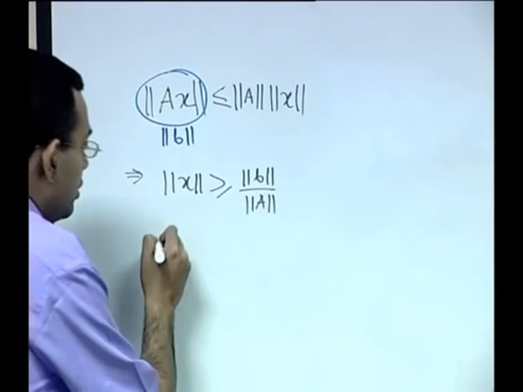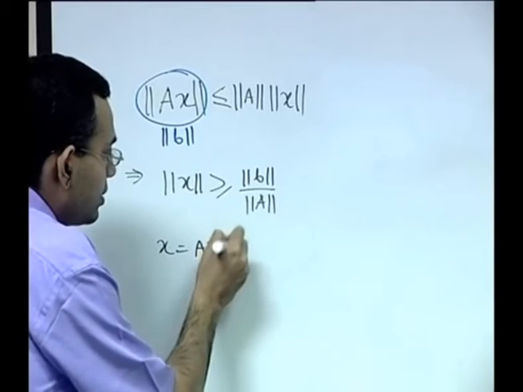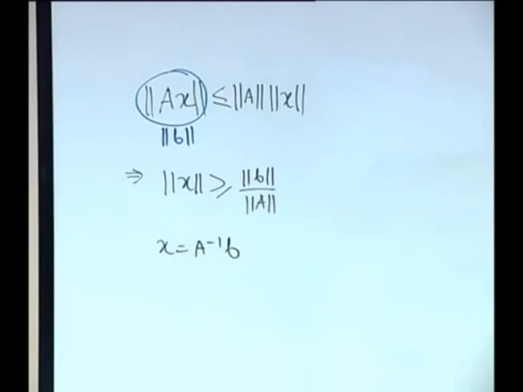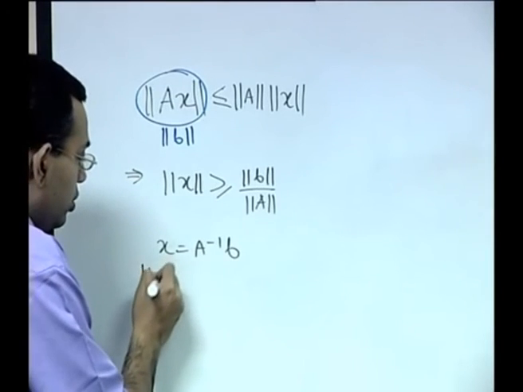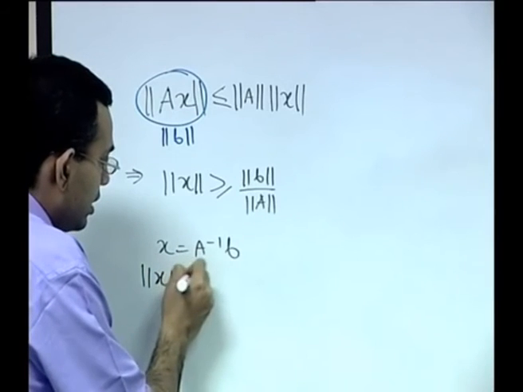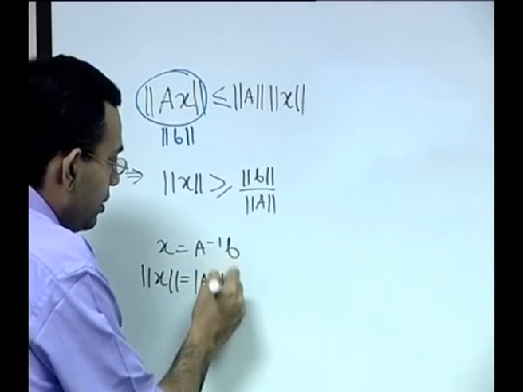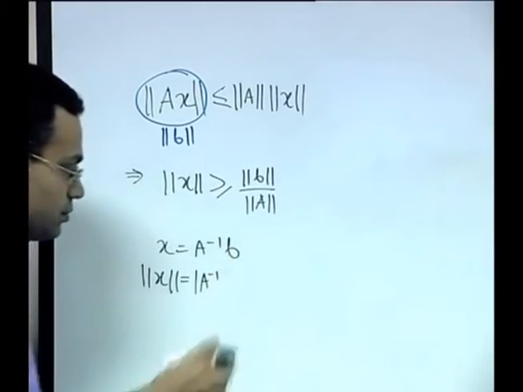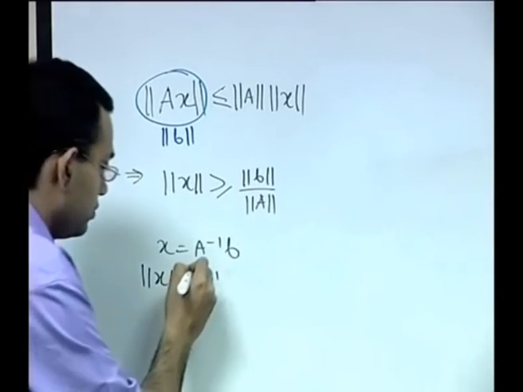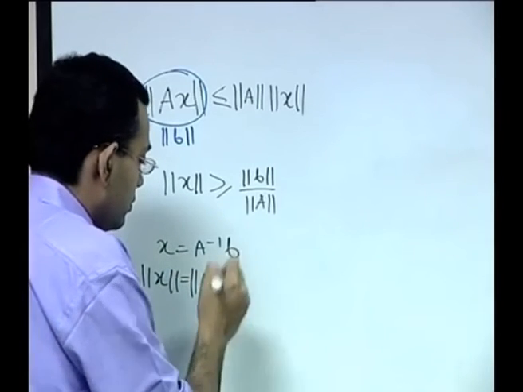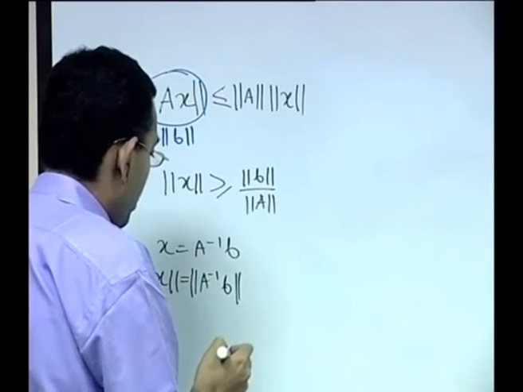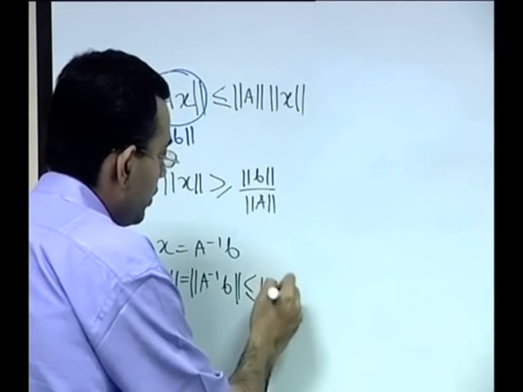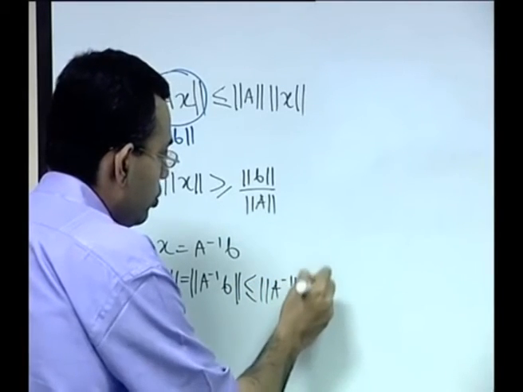Similarly, you can write x equal to A inverse b, because Ax equal to b. Therefore, norm of x equal to norm of A inverse b is less than or equal to norm of A inverse into norm of b.